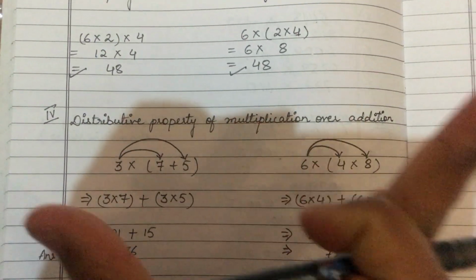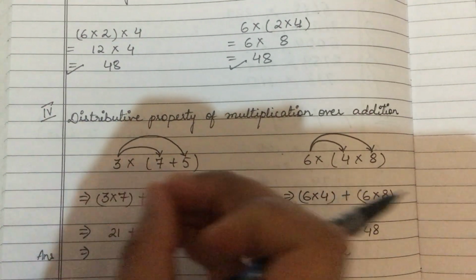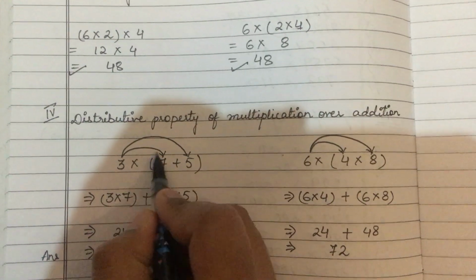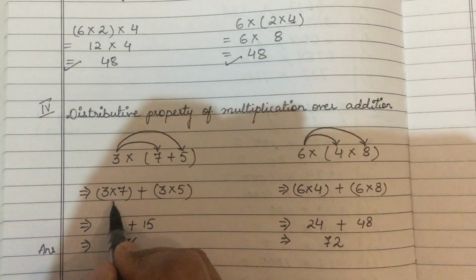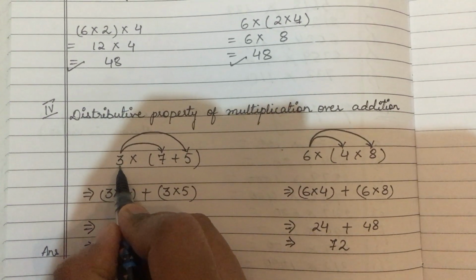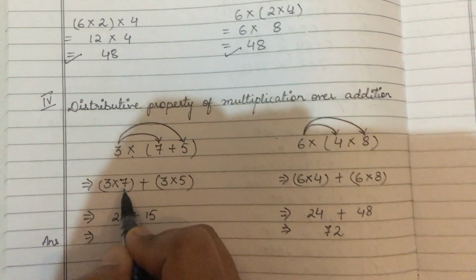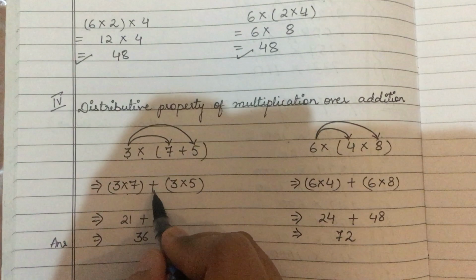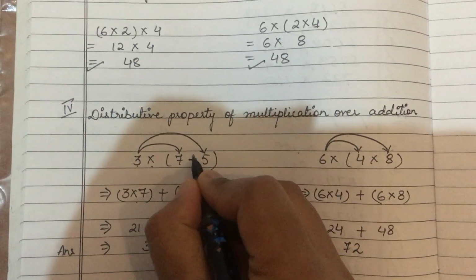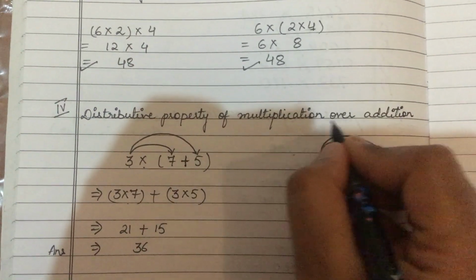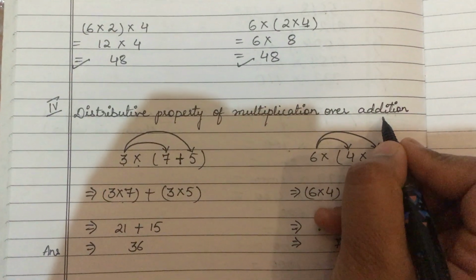So in the distributive property, we distribute 3. How will we distribute 3? First, in the first bracket, we multiply 3 by 7. So 3 into 7 in the first bracket, and plus, because the plus sign is here and this property of multiplication is over addition.